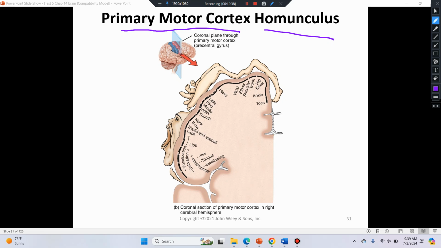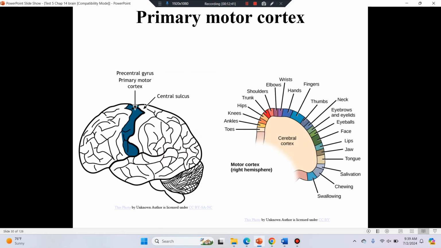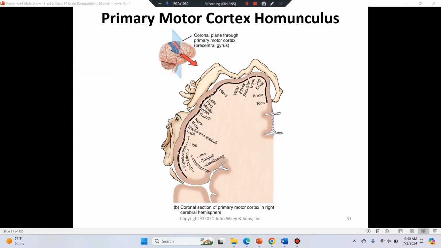Instead of just looking at these little rectangles, which is hard to appreciate, let's go back. I can see the fingers and the face being bigger, but what do we see in this picture? Look at the size of the face. Look at the size of the hands.